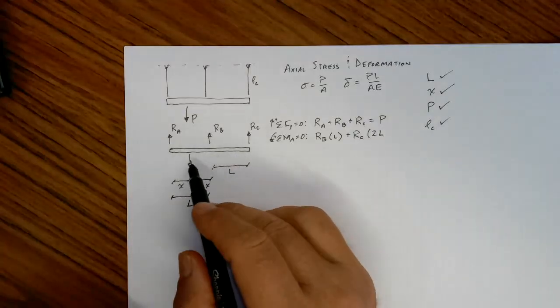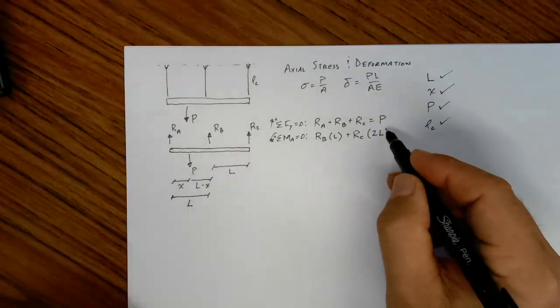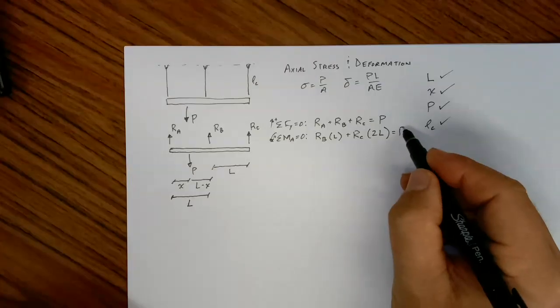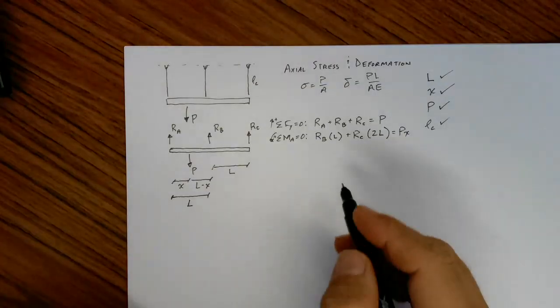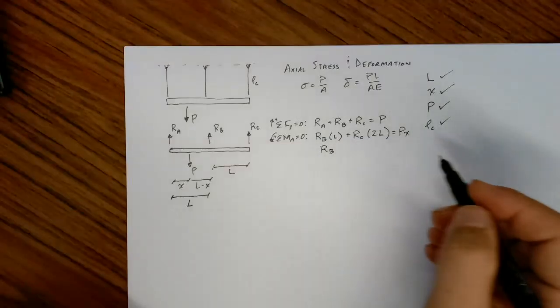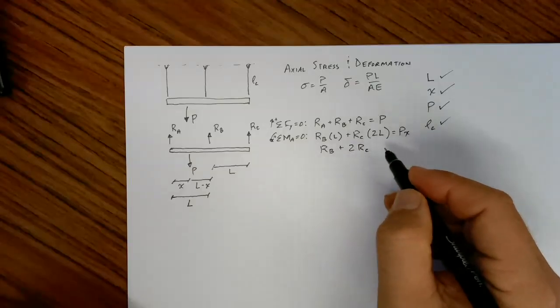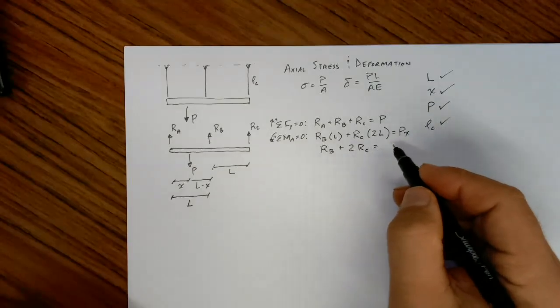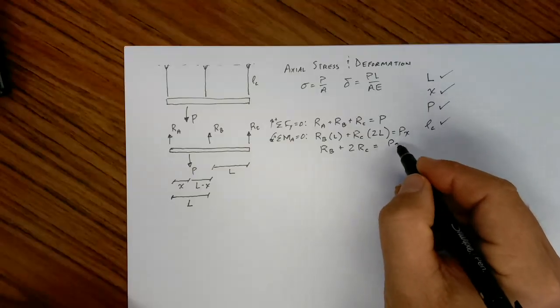And then we have minus P times a moment arm of x. And so we can simplify this one to be RB plus 2 RC equals P times x over L, or Px over L.